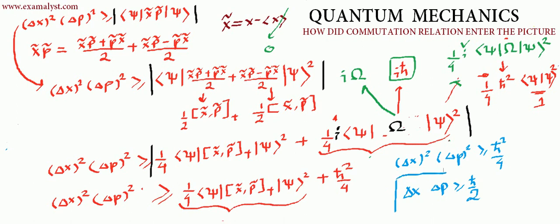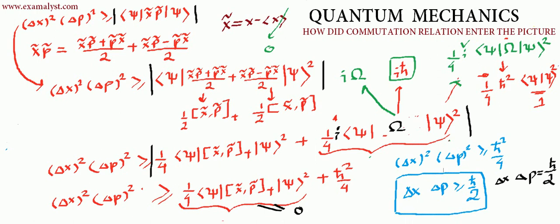Now this can turn into an equality. What I mean to say is that the product of the two uncertainties, Δx and Δp, can be equal to ħ/2 only if this first term is equal to 0.